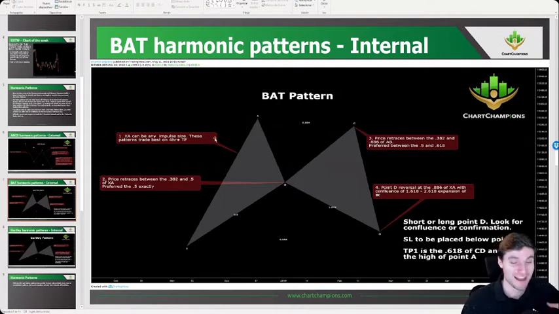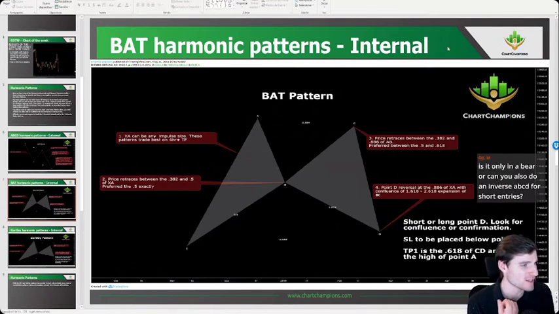Yeah, the basic, nearly said basic attention token pattern, just kidding. The bat pattern, it's unrelated to basic attention token. But the bat pattern, and this is what I've labeled here as internal. Obviously we have in total, what is it, six, seven, eight harmonic patterns in total.